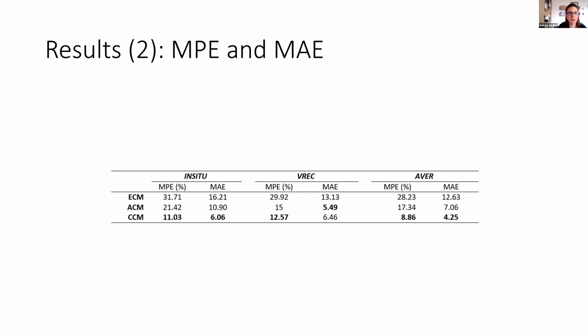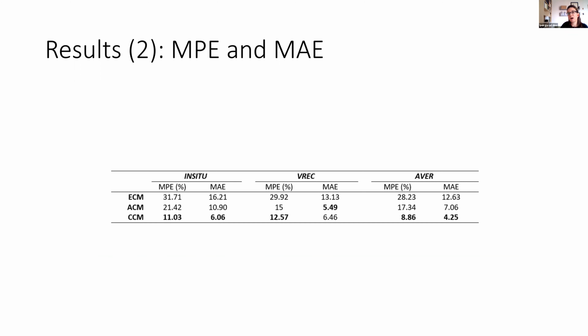When we look at the mean predicted value and mean average error, we see that, again, MPE of CCM is lowest for all ground truth measurements. And this indicates that the combined counting method that we developed has the highest prediction accuracy.